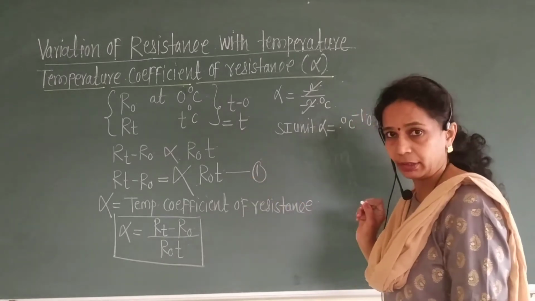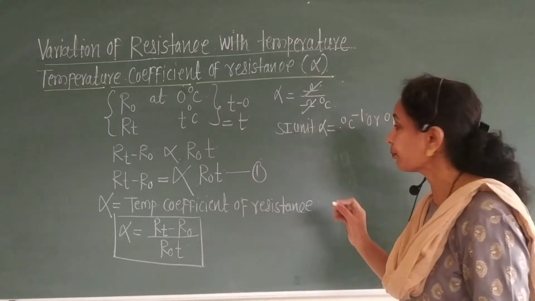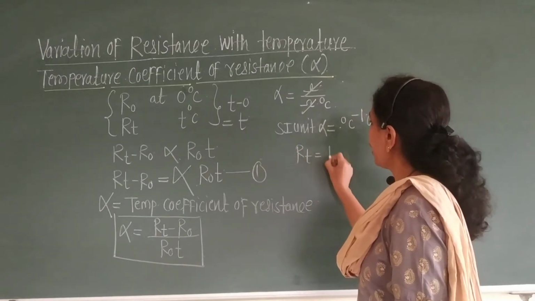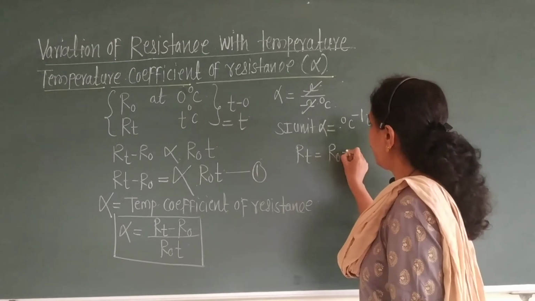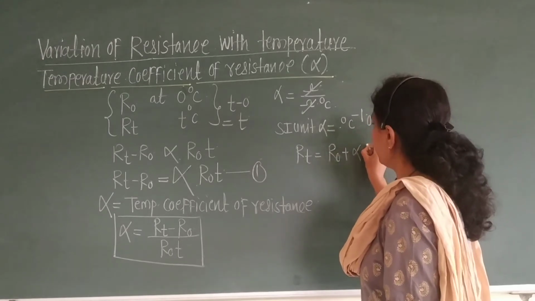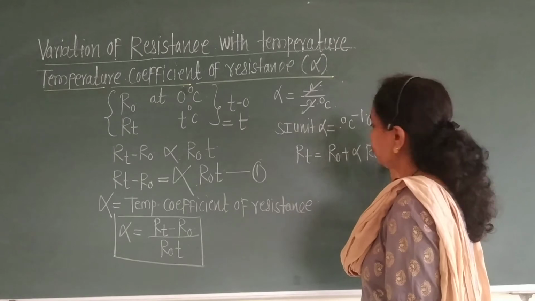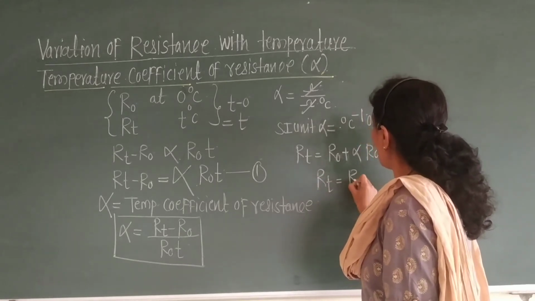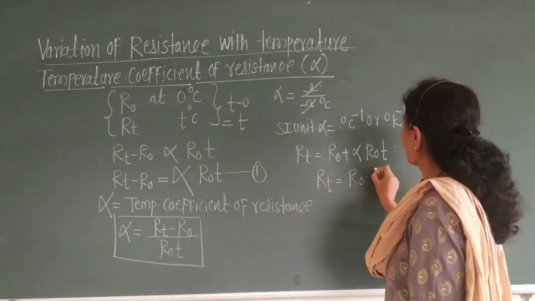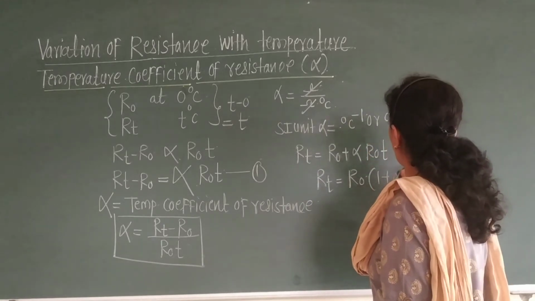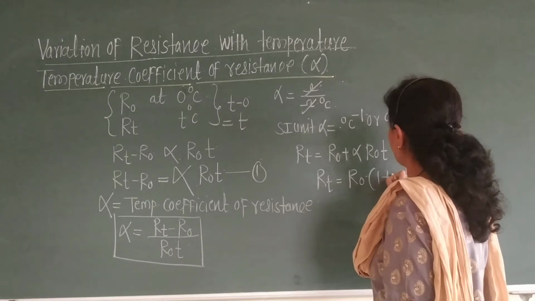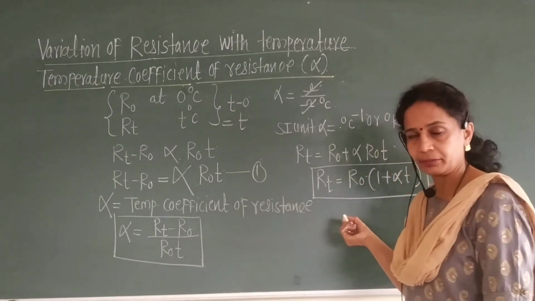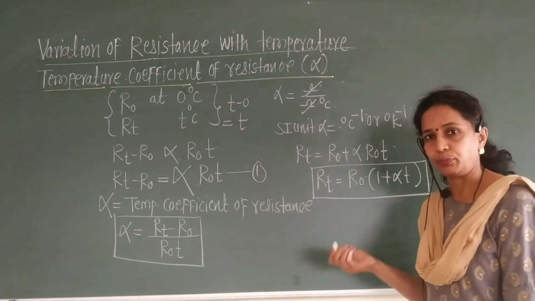From equation 1, you get another form: RT is equal to R naught plus alpha into R naught into T. Therefore, RT is equal to R naught, which is common, into 1 plus alpha into T. We get this equation. Okay, this is important for solving the problems.